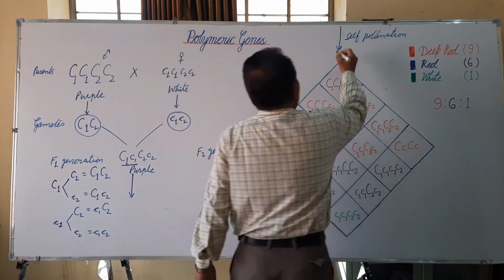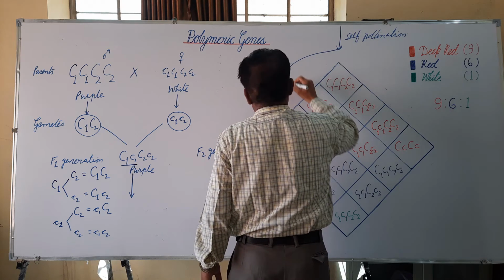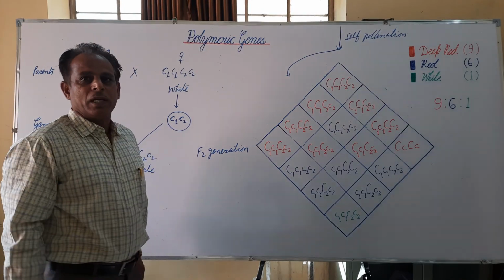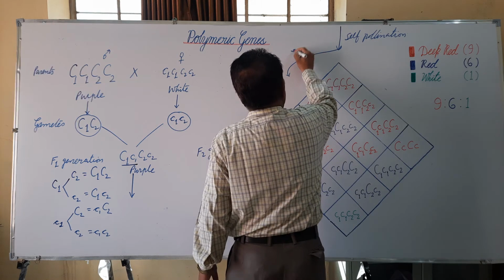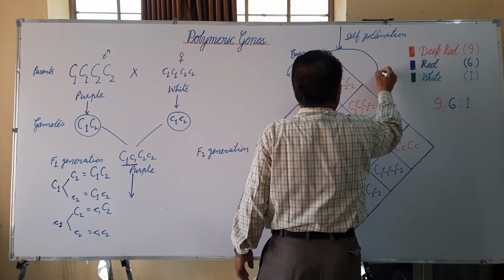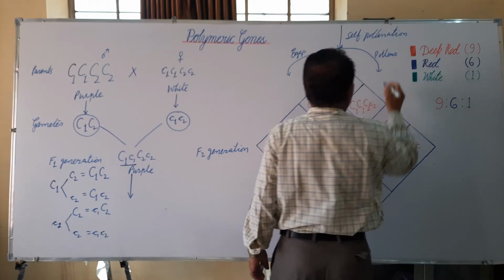The plants of the F1 generation produce 4 types of eggs or female gametes and 4 types of pollen or male gametes genotypically.